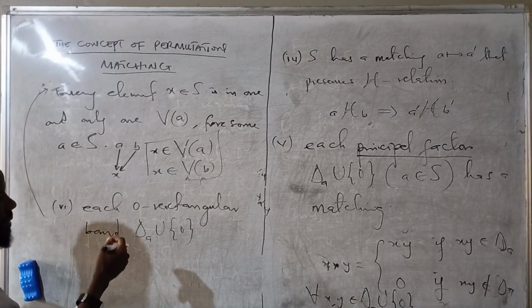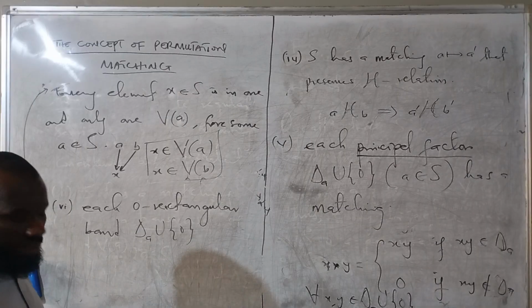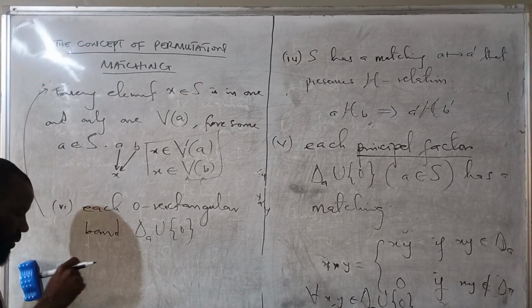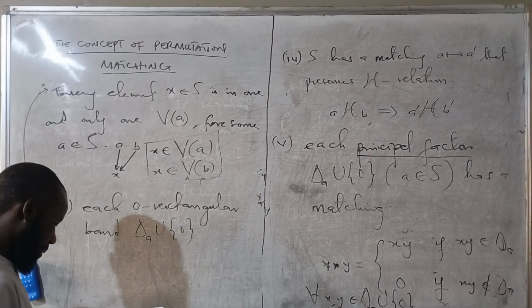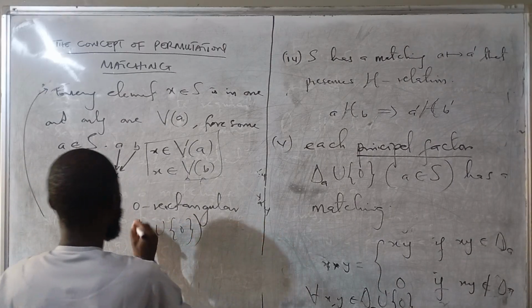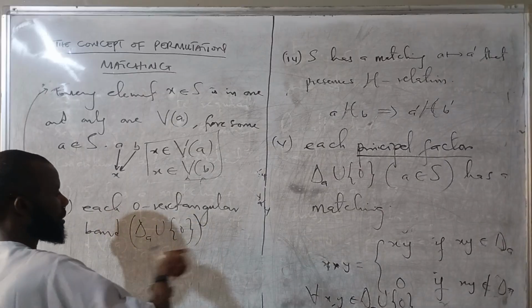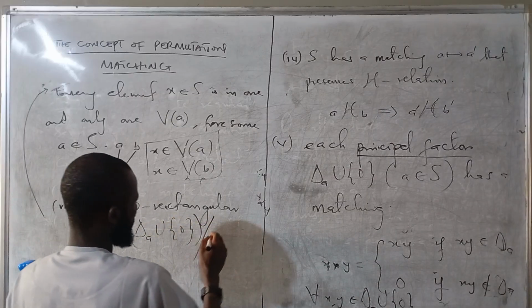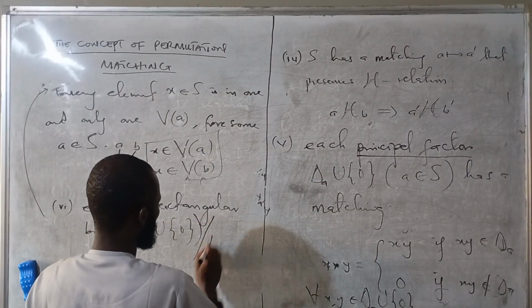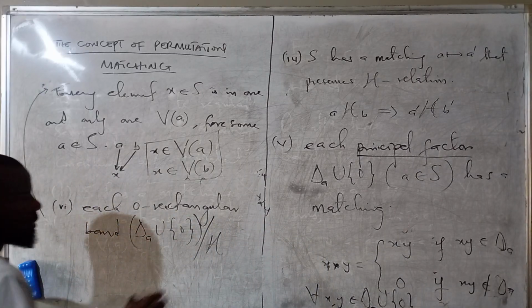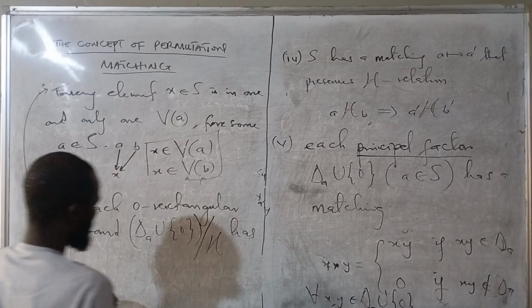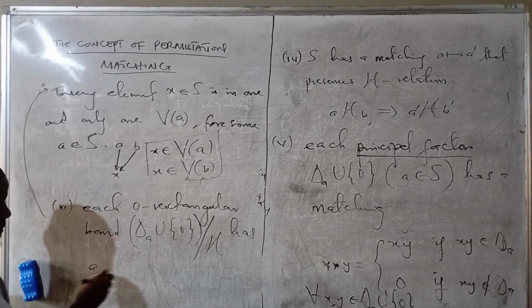Well, it is a rectangular band and it's a combinatorial semigroup, they are called semigroups with singleton H classes. But even if it is not such, you can take the quotient with the H classes. So every such has a matching.